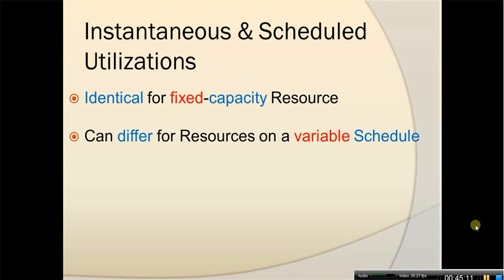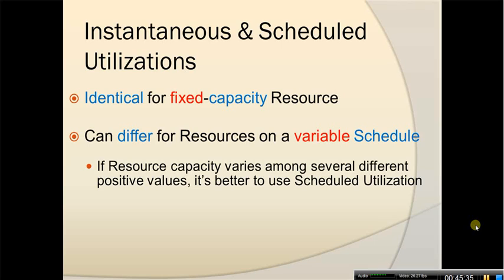That's what you might remember from the previous model, model 4.1: the instantaneous and scheduled utilizations were the same. I'll show you in a moment how there's a difference, because remember we introduced the schedule. These can differ for resources with variable schedules.